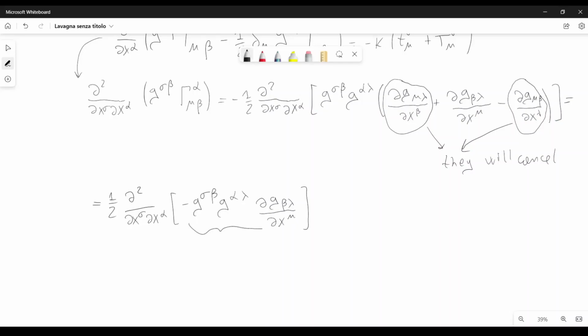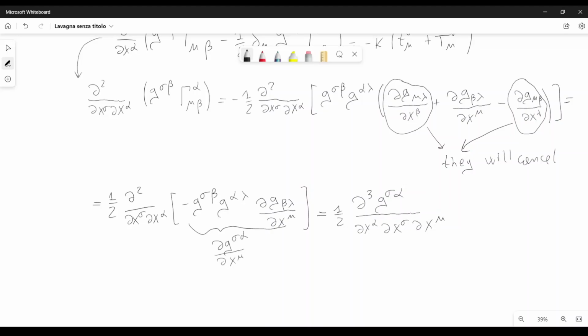And this, according to some previous rules that we have found in tensor calculus, is equal to the derivative of g with upper indices sigma alpha with respect to x mu. Therefore, this is equal to 1/2 d cubed g sigma alpha with respect to x alpha, x sigma, and x mu.